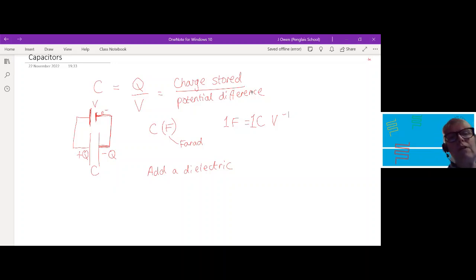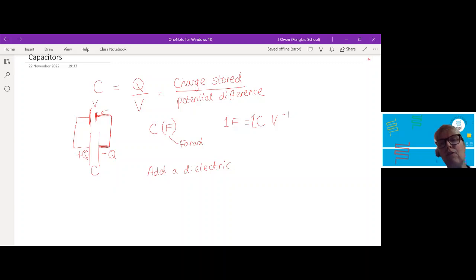So you've effectively got one electron from this plate going all the way around and pushed around by the potential difference onto the other plate. So we can improve the ability to do that by adding a dielectric.